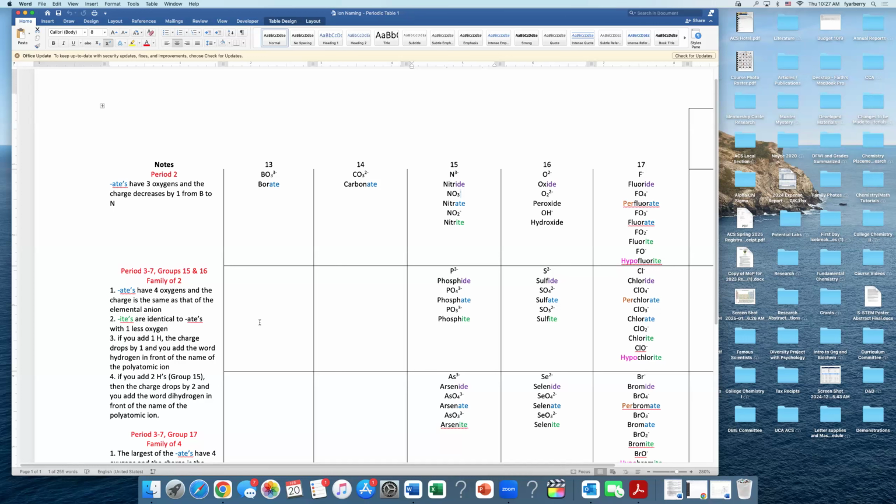The ATE is going to have one more oxygen than the ITE. So let me repeat that. Group 15 and group 16 are known as the family of 2, meaning there will be an ATE and there will be an ITE. The ATE will have one more oxygen than does the ITE, but everything else remains the same.